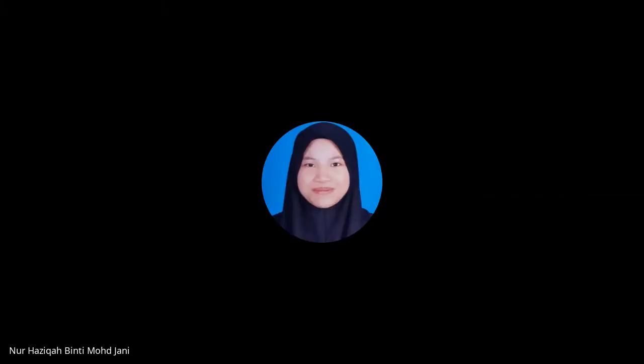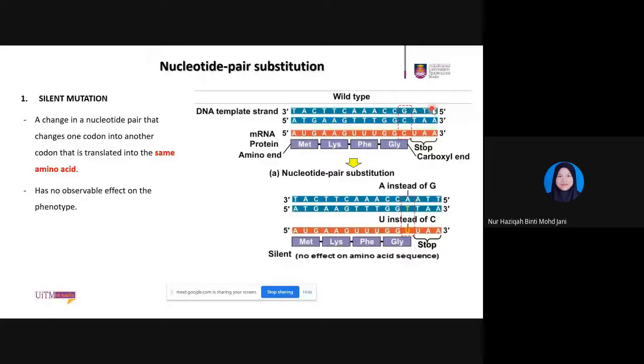So this is the DNA template strand. For example, this top strand here will become the template to synthesize the mRNA, which is used to synthesize this polypeptide chain that consists of the amino acids methionine, lysine, phenylalanine, and also lysine. So at a certain point, mutation occurs that involves nucleotide substitution.